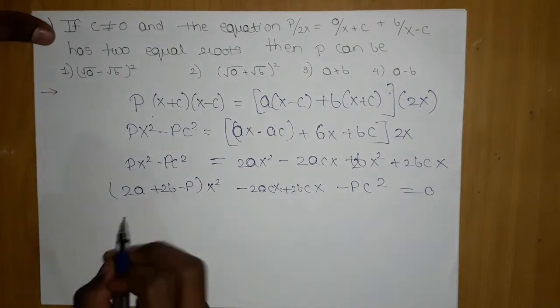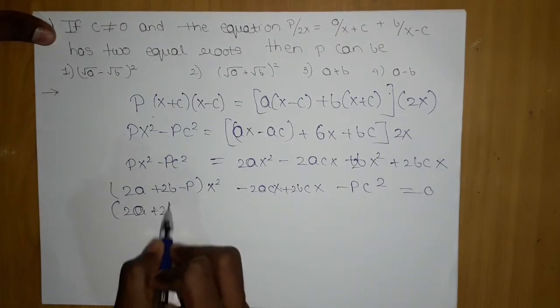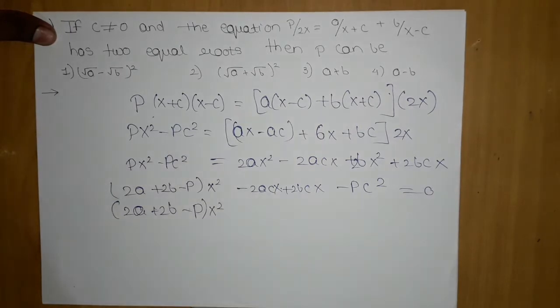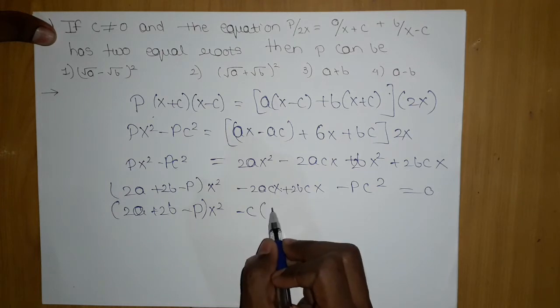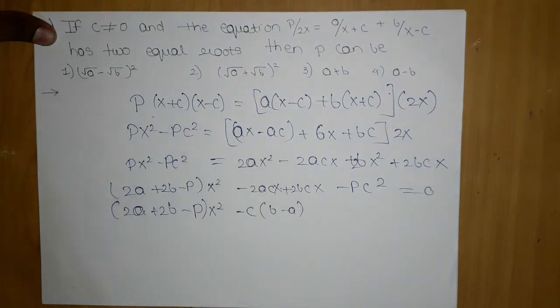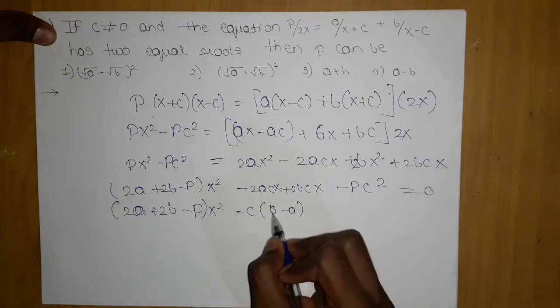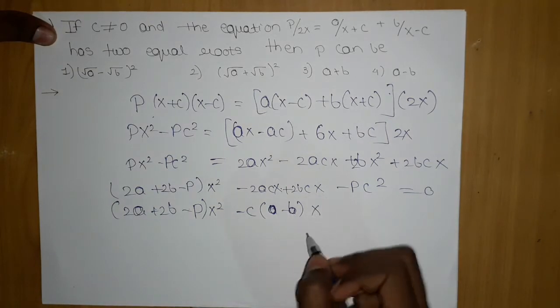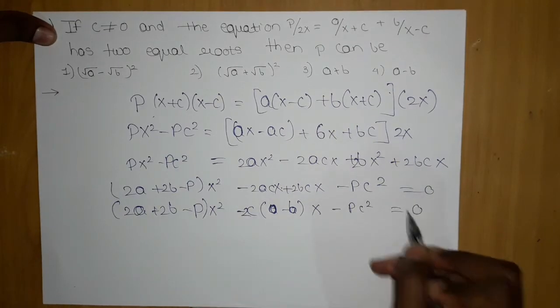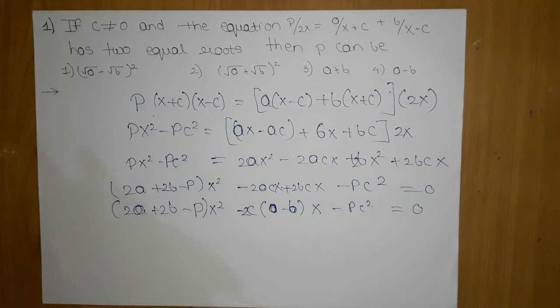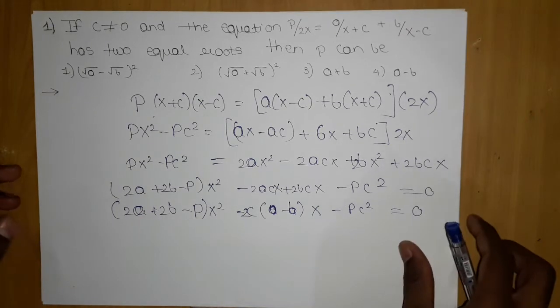Moving on, what I have here is 2b minus p x square, and if I take minus c common, then what we have? a minus b, sorry, a minus b, here we have x, and 2 will also come as common. Now we have formed the quadratic equation. The next thing, which they have given us as a hint, is D equals 0, so we will apply that. Let me get the next page and then we will proceed further.